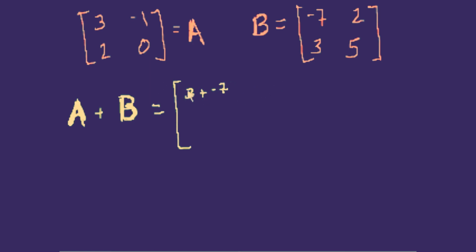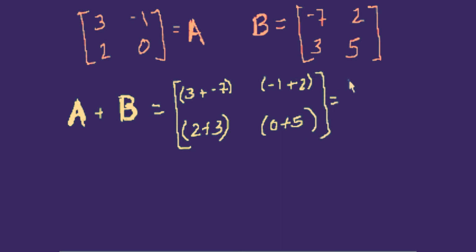Then the row 1, column 2 element will be negative 1 plus 2. Let me put parentheses around them so you know these are separate elements. And you could guess how this keeps going. This element will be 2 plus 3. And this last element will be 0 plus 5.